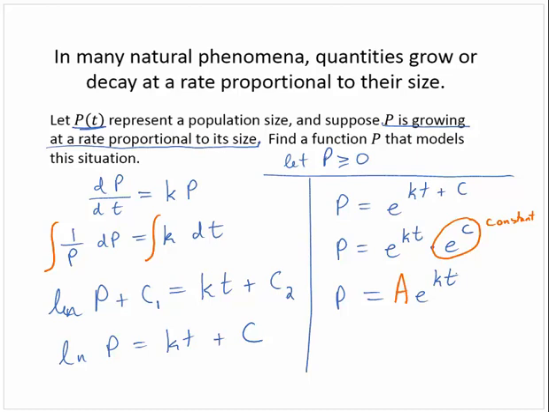Now, what you learned back in algebra is that A was actually what we called the initial value or population. So we often write that P of t is P naught e to the kt, where that P naught is equal to the function evaluated at 0.